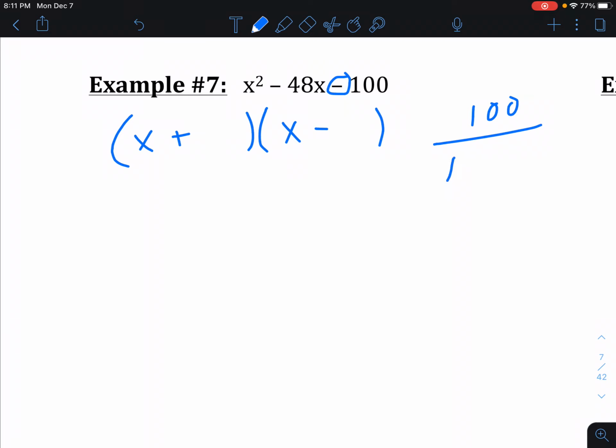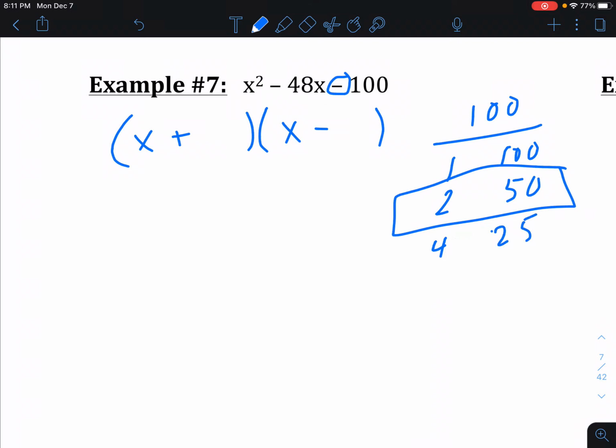So we start with 1 and itself, 100. 100 divides by 2 to get 50. And actually, I can stop there. You can go further. I do have my 48, by the way. My B is -48, so obviously that's going to be this pair here. But if you wanted to go further, you can, but no need there.